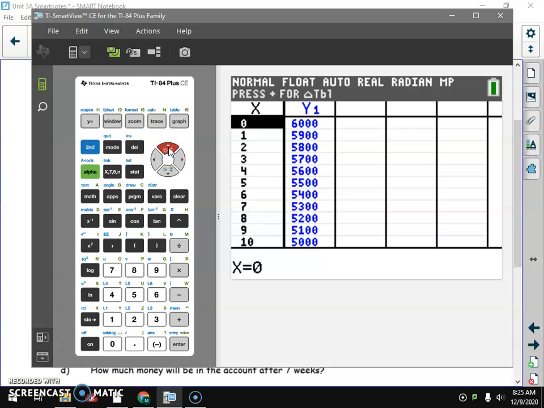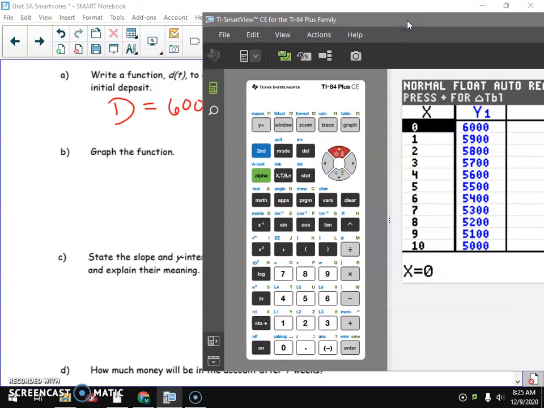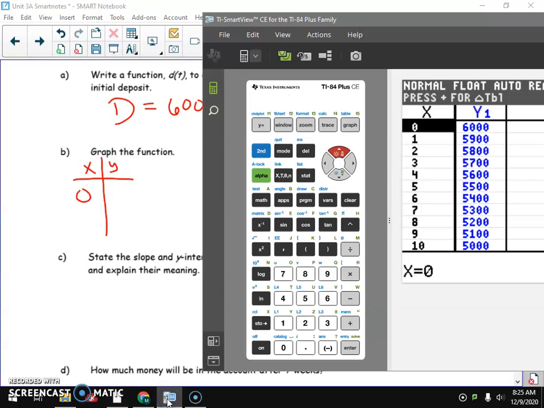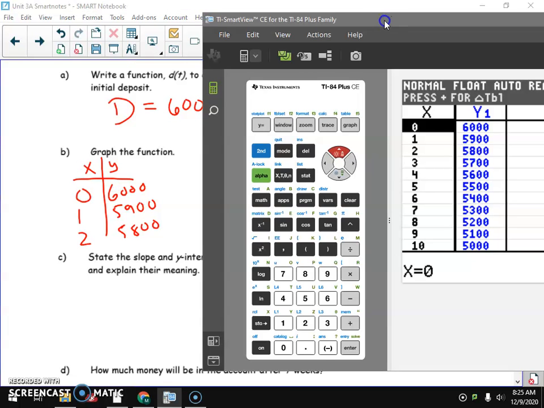Let's start at the beginning. 0, 6,000. One, 5,900. 2, 5,800. That should be enough to graph. If you want to do a 4th point, you could.